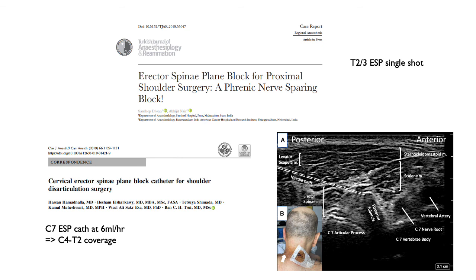So if your needling is not good, there is a potential risk of puncturing the vertebral artery or even injecting the local anesthetic into the vertebral artery or injuring the nerve root. And that's why I would not recommend this to inexperienced anesthetists.